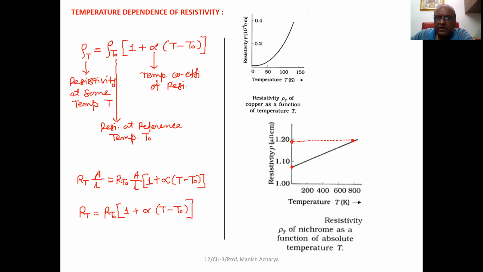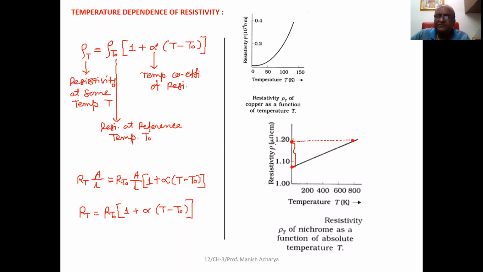So roughly you can observe that when the change in temperature is 800 Kelvin, the corresponding change in resistivity, if we take it nearly 1 micro ohm, so 10 raised to minus 6 ohm centimeter, is this much small variation.